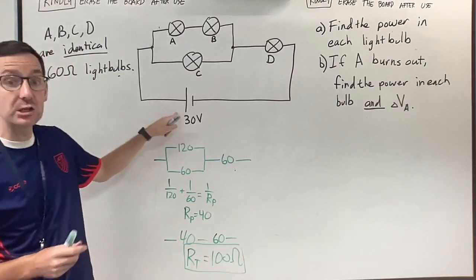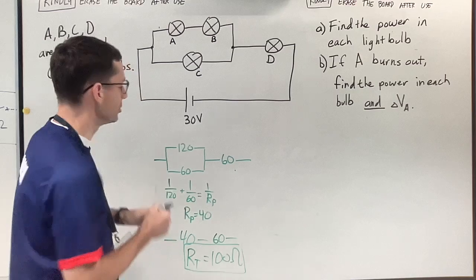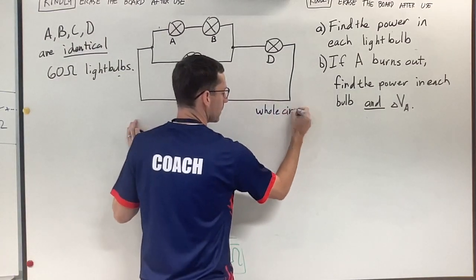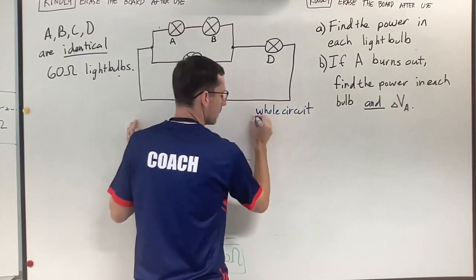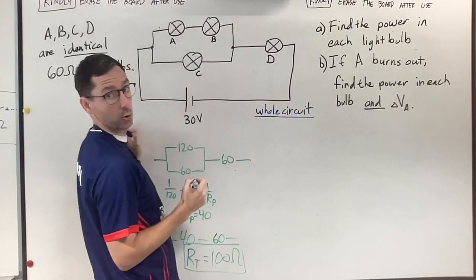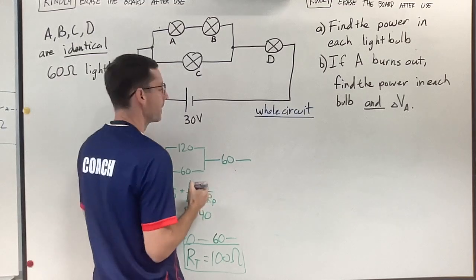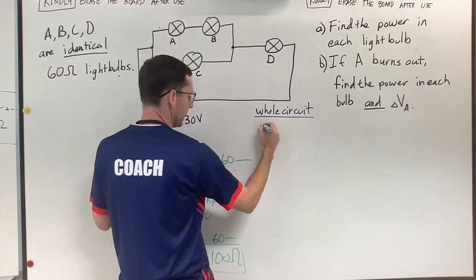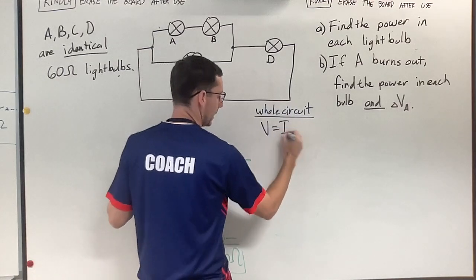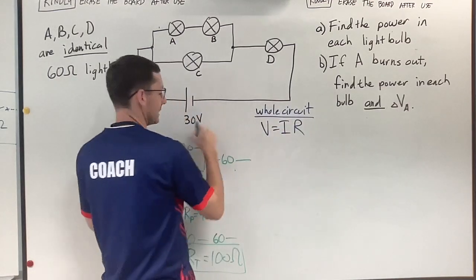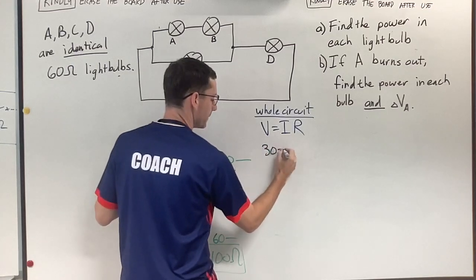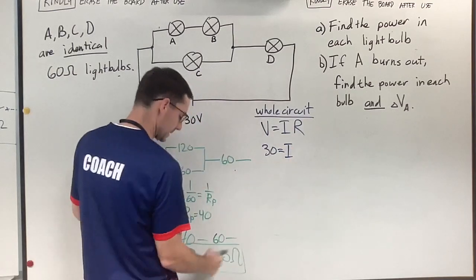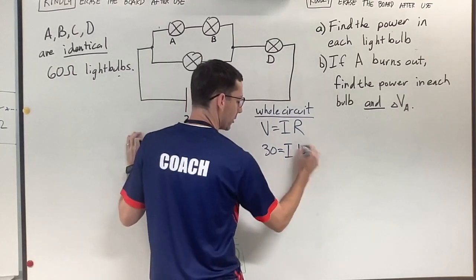Knowing the total potential of the circuit, I can now do the whole circuit. Given that I have a whole circuit now, it's going to be V equals IR, the potential being 30 volts, the current, which is what I'm looking for, and the resistance is 100.